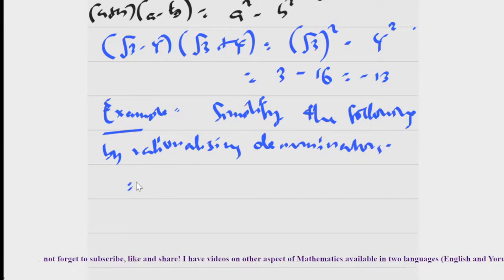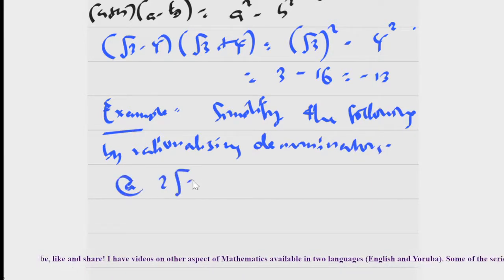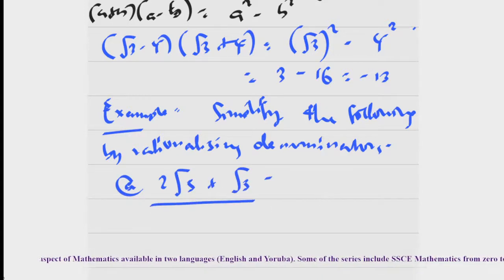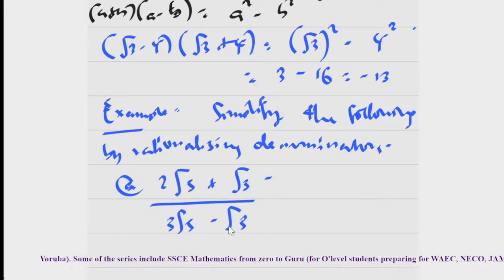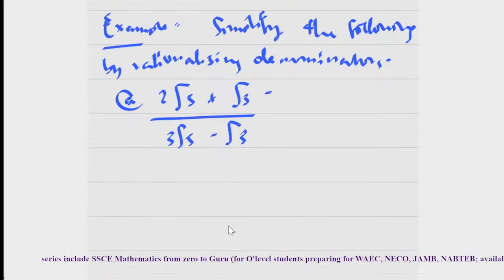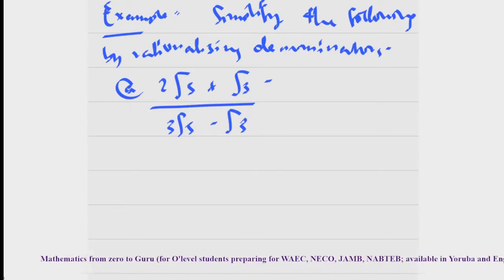So I have 2 root 5 plus root 3 divided by 3 root 5 minus root 3. So we want to simplify this, and to simplify this, we have to get rid of this denominator. You have to rationalize it.